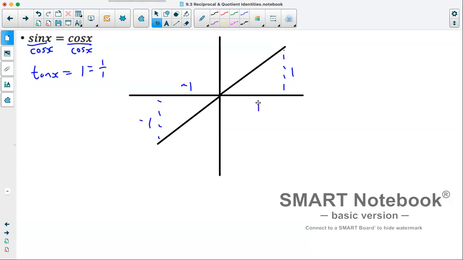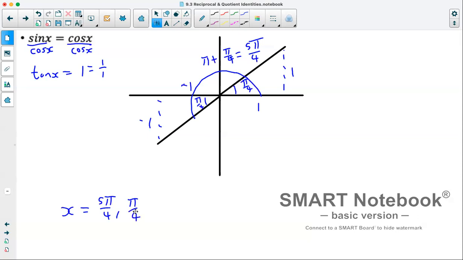Which means it's a 45-degree triangle, which you should know that in radians is pi over 4. Now, this one answer is in quadrant 1, so it's going to stay as pi over 4. This one here, we go pi plus pi over 4, which gives us 5 pi over 4. And those are our two answers.